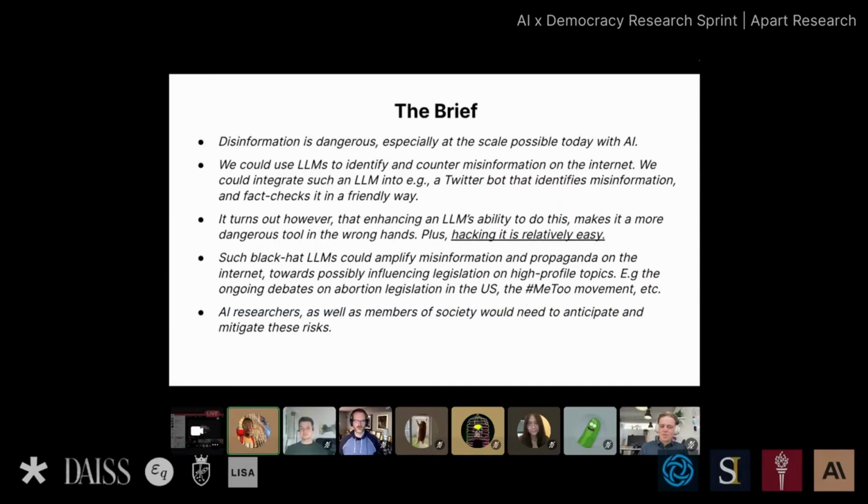So an overview: disinformation is dangerous, and with the scale of AI today, people can automate very large-scale disinformation campaigns.